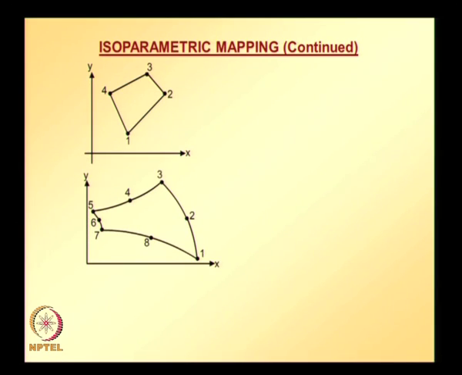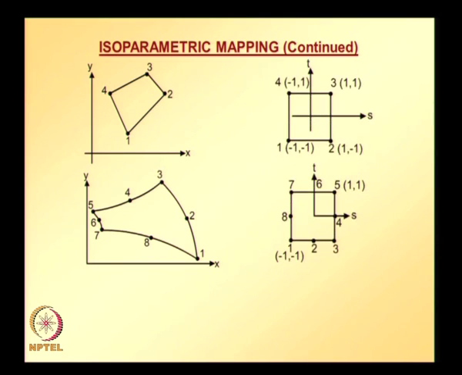So, these are the two actual elements, one is a 4 node element, another is an 8 node element. These elements are mapped onto the corresponding parent elements. The 4 node element is mapped onto the 4 node parent element, the 8 node element is mapped onto the 8 node parent element.